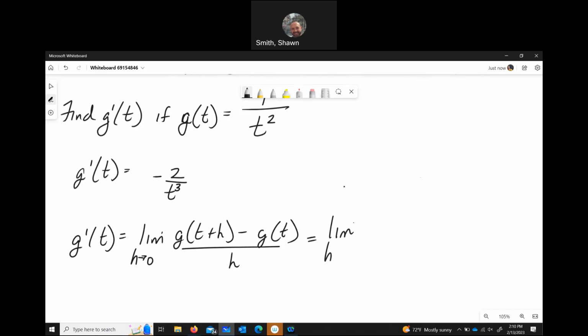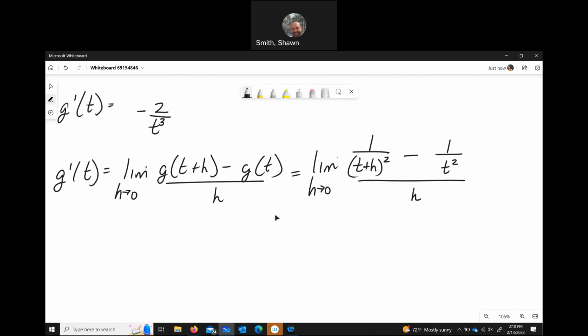Make our substitutions. All right, so g of t is 1 over t squared, so g of t plus h is 1 over t plus h squared. Minus g of t, which is the 1 over the t squared, all over h. From here, it's just algebra cleanup.